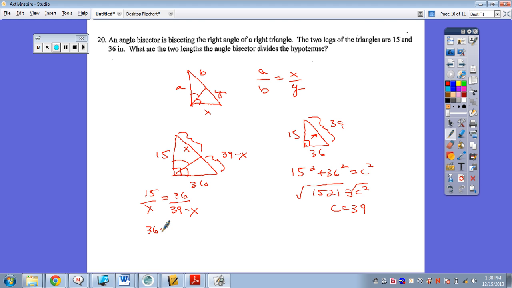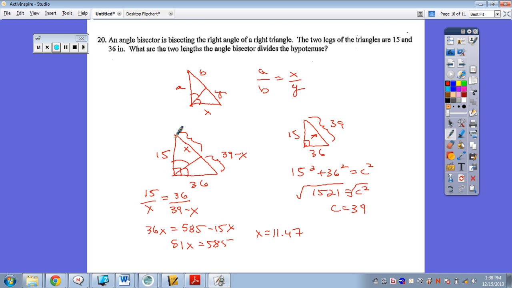Cross multiply, 36x is equal to 15 times 39, which is 585 minus 15x. Add 15x to both sides. 51x equals 585, and then divide 585 by 51, and you're left with x is equal to 11.47.